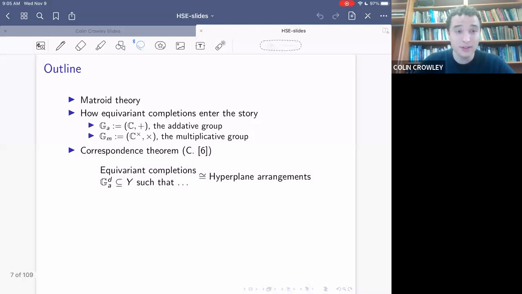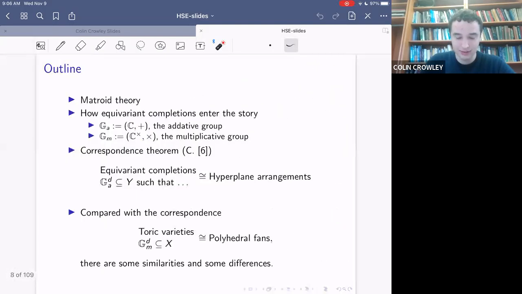And the main result that I'm going to talk about is a sort of correspondence theorem. And this is between equivariant completions of products of the additive group such that several quite strong conditions hold. There is a lot that is being suppressed at the moment. But compactifications like this will be in one-to-one correspondence with hyperplane arrangements.